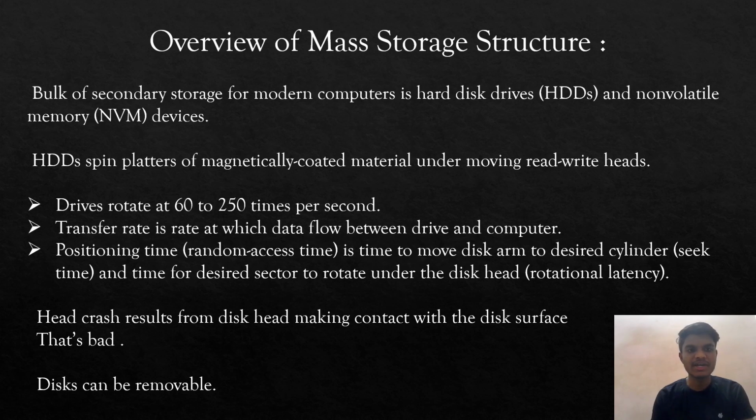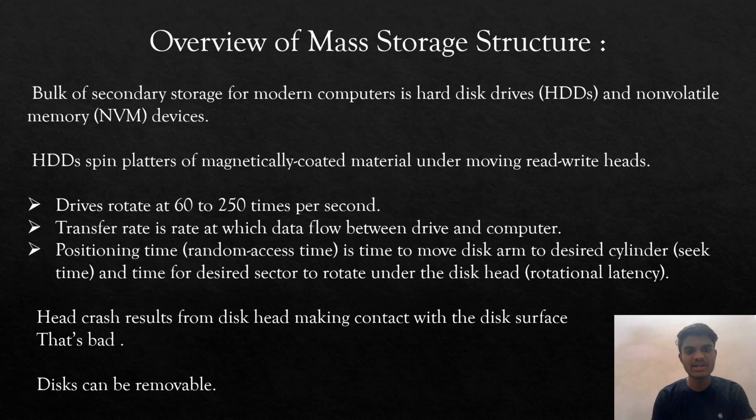The bulk of secondary storage for modern computers is hard disk drives and non-volatile memory devices. HDDs spin platters of magnetically coated material under moving read-write heads. Drives rotate at 60 to 250 times per second.